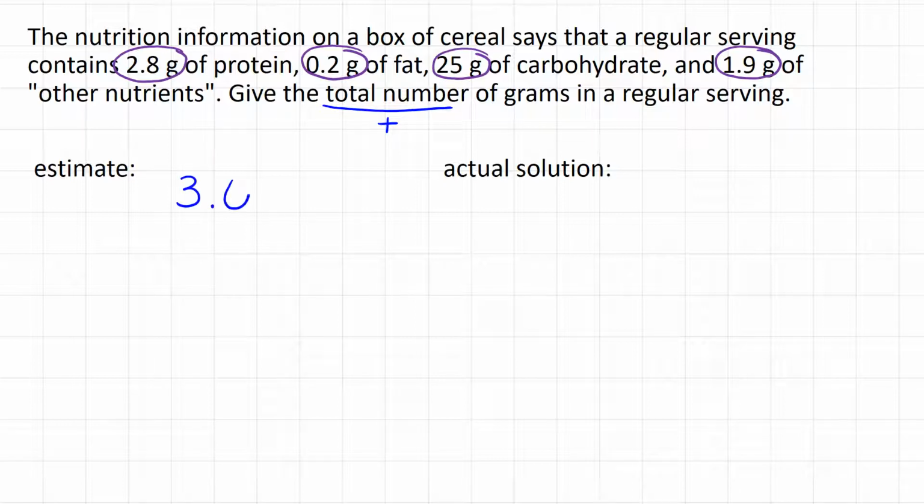And once again, I'm using the grids to line up my numbers. 0.2, well, that's a funny number, so I'm just going to write it as is. I'm not going to round that number because I'd either round it to 0 or 0.5. But let's just leave it as it is because it's going to be an easy one to add into our numbers. 25, well, that's already kind of rounded for us, so I'm going to keep it at 25.